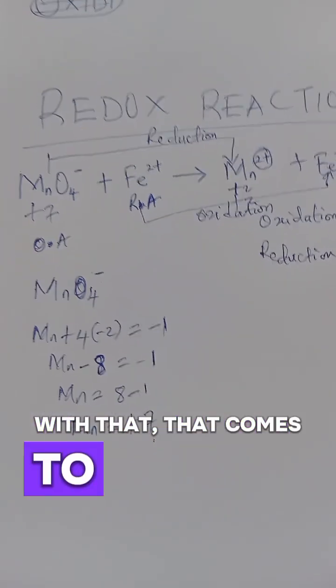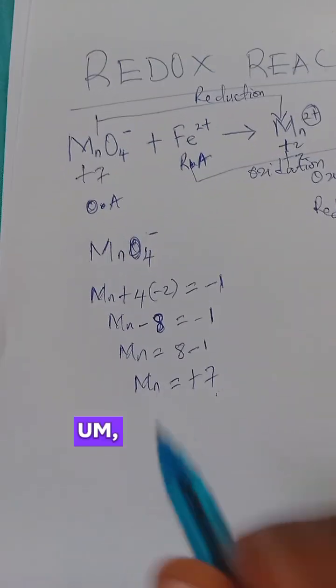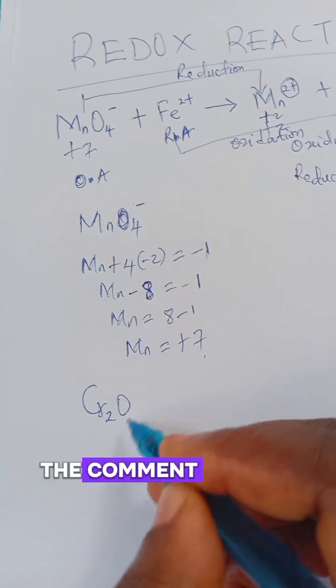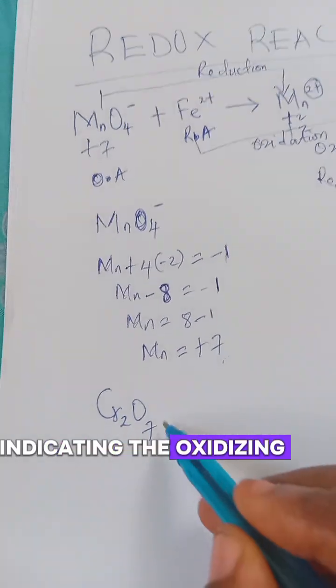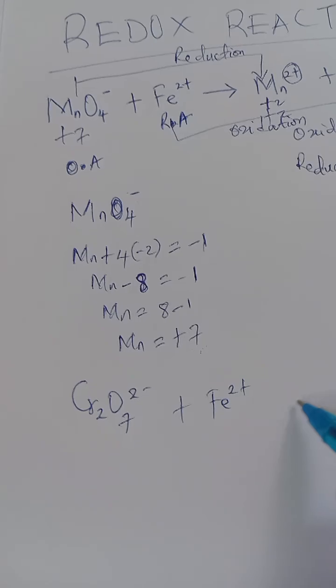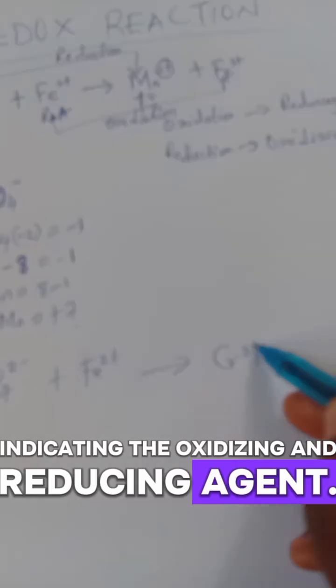With that comes the end of our class today. Before I go, please you can do this one and write in the comment section indicating the oxidizing and reducing agent.